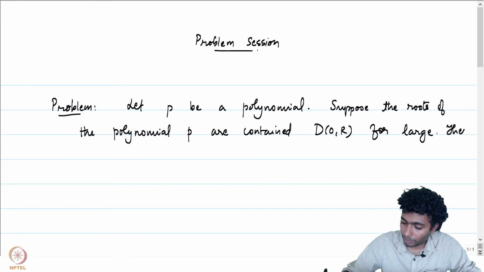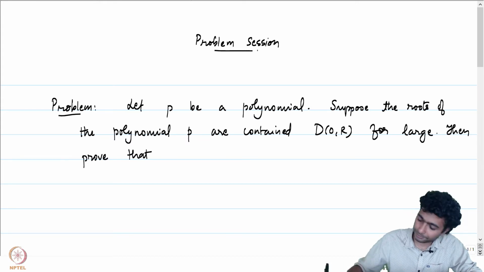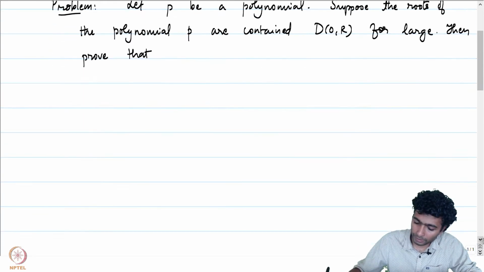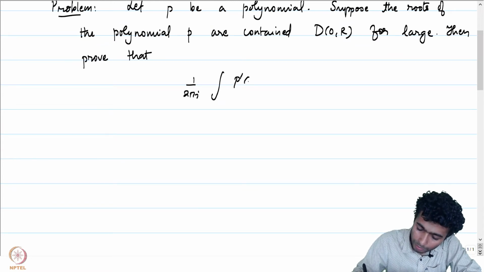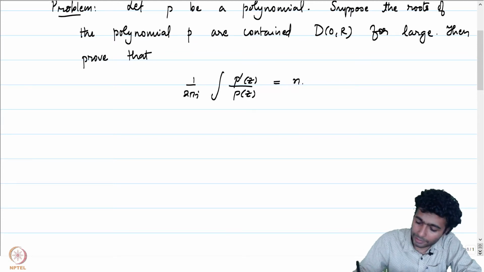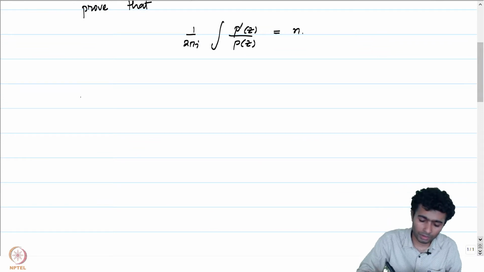Then prove that 1 by 2 pi i times the integral of p prime of z by p of z is equal to n. We have to show that this integral is equal to n. Let's give a proof.